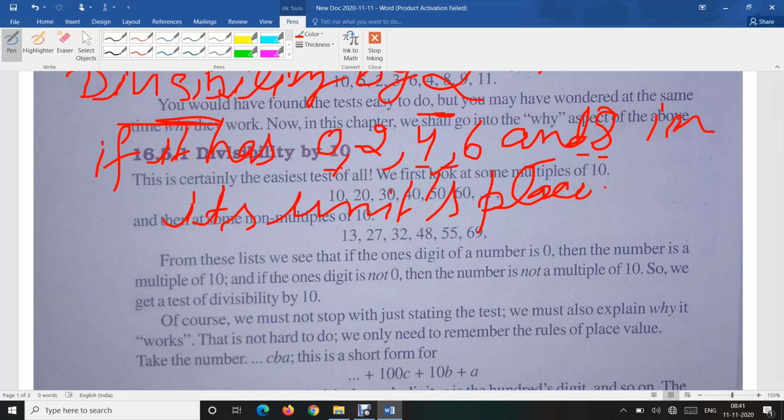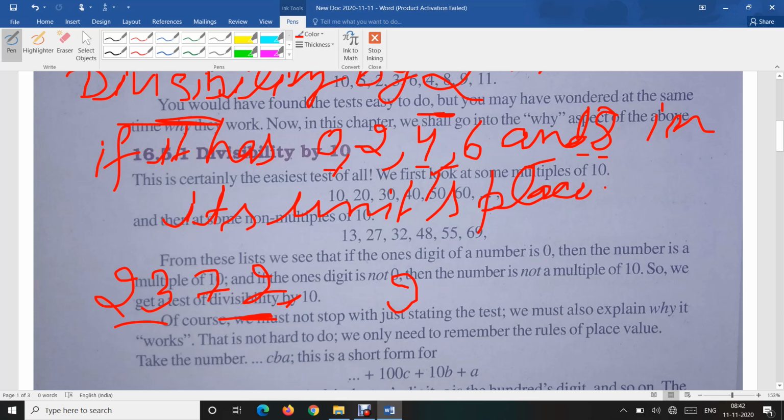Now suppose you have 2372. Is this number divisible by 2 or not? Yes, it is divisible by 2 because it carries 2 at the unit place. Then you can say that it must be divisible by 2.